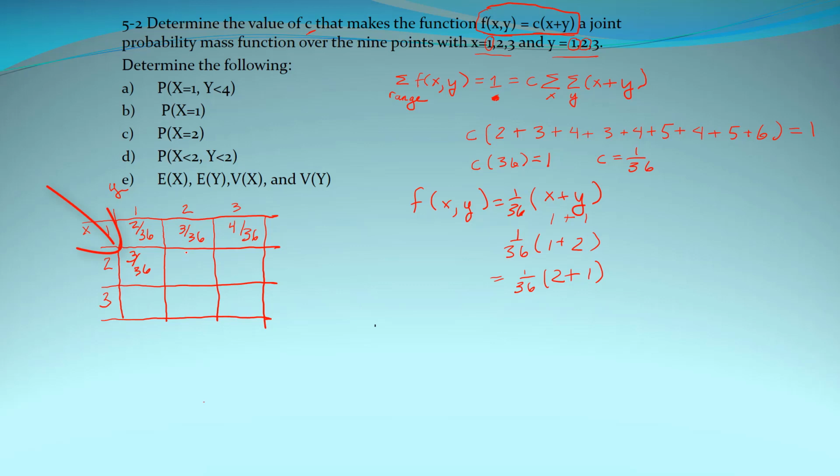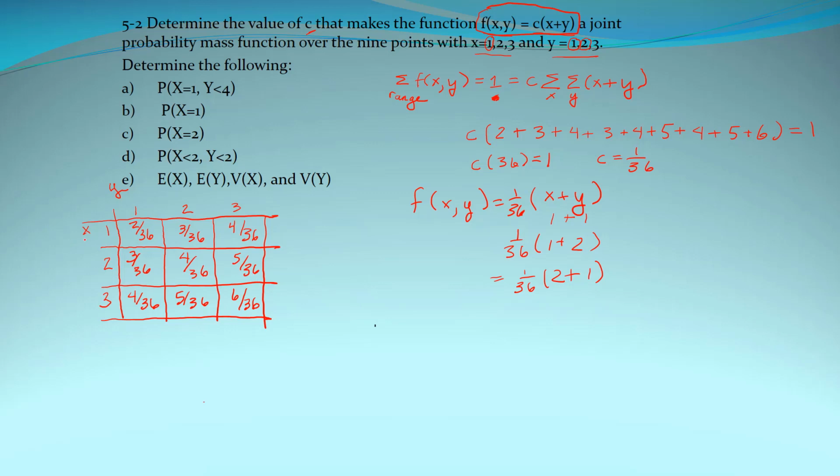And we keep on computing, and we put everything in its place quite nicely. 5 over 36, and here we've got 4 over 36, 5 over 36, 6 over 36. Oh, hey, this is so easy. I love it.